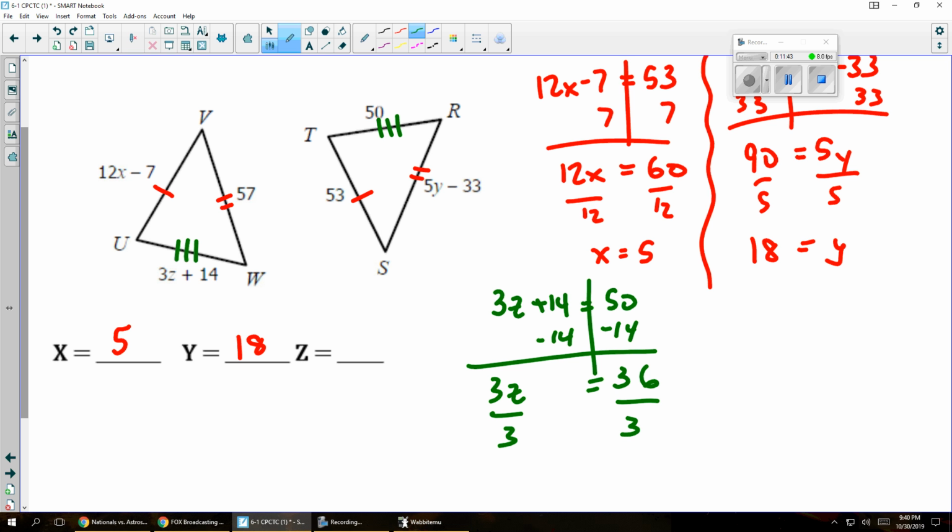Divide both sides by 3. z is 12. And if I were asked to, I could plug numbers in to check these things, but I know that, for example, if this is 57, then this is 57. And so plugging numbers in would bear that out.